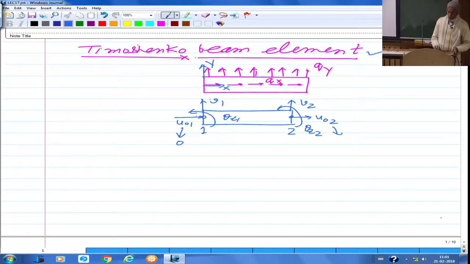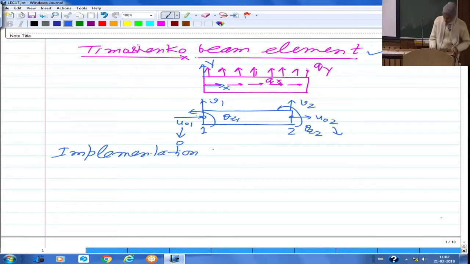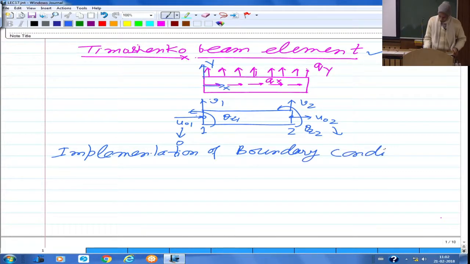The second question was on implementation of boundary conditions. What I taught you was direct substitution.